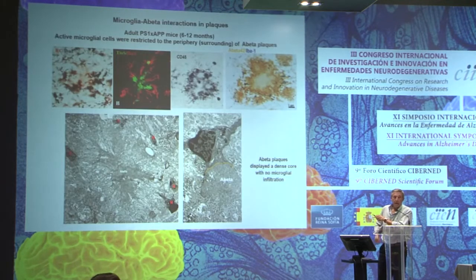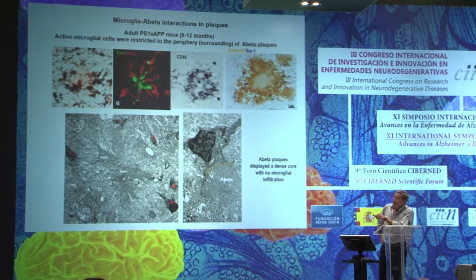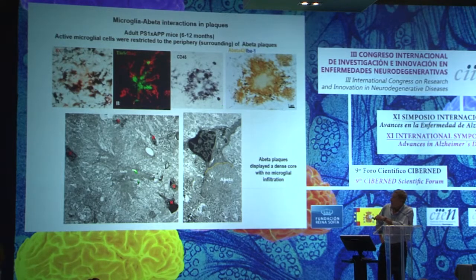Importantly, in the models, the microglial activation is exclusively observed surrounding A-beta plaques. As you can see here, by regular immunohistochemistry or even by EM, the microglial cells in the models are always located outside of the plaque.